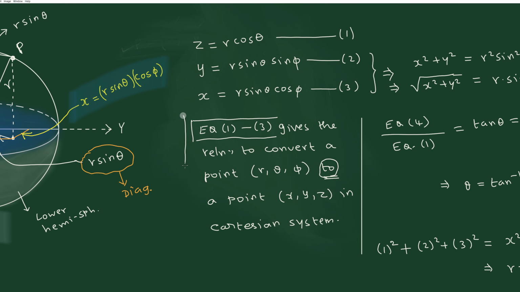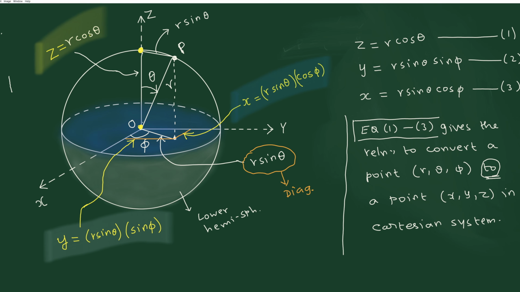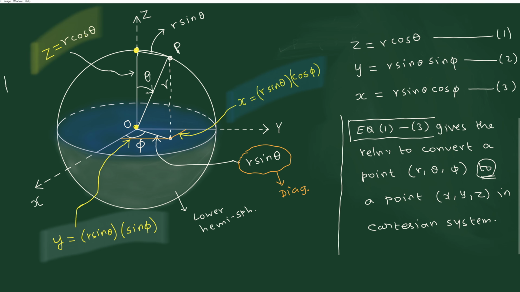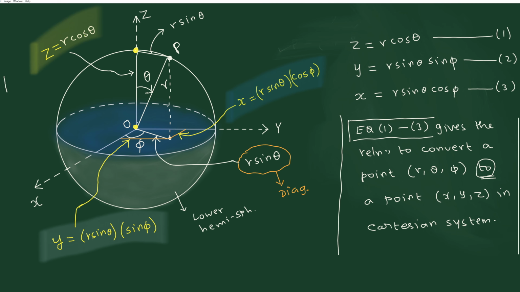So this is one conclusion, and the other one is the other conclusion. We now have what is meant by a spherical polar system and how to convert a point. Now remember one thing, what you are converting is a point. Point means x, y, z. Only the point is converted. We have not done any differentiation. We didn't find the differential element.